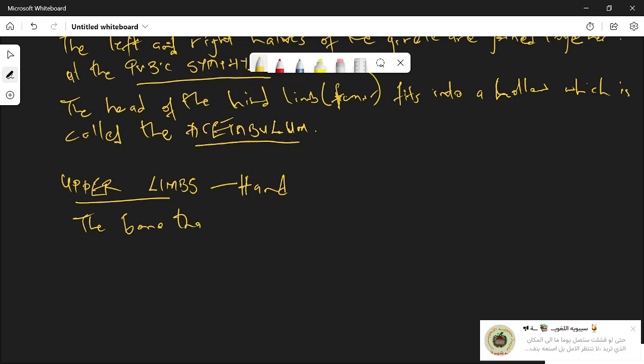The bone that fits into our shoulder is called the humerus.